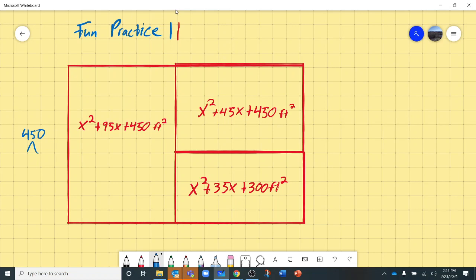But we need 450, so that would be the same thing as 90 times 5. 90 times 5 is 450. 90 plus 5 is 95. And so this one factors to x plus 90 times x plus 5.